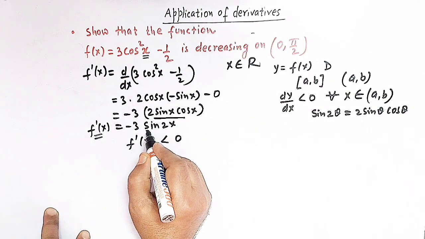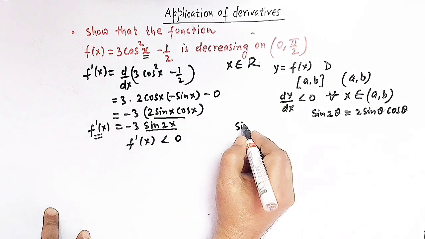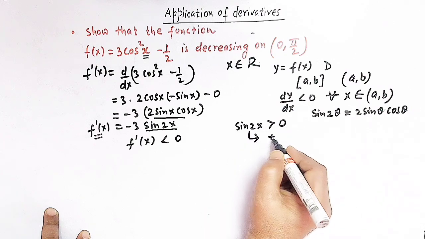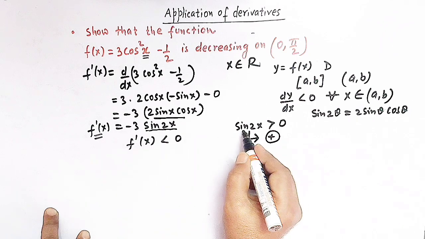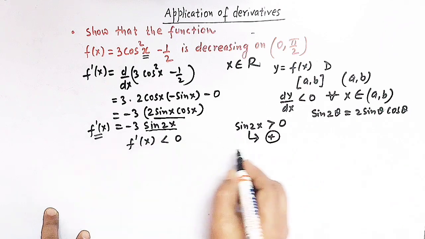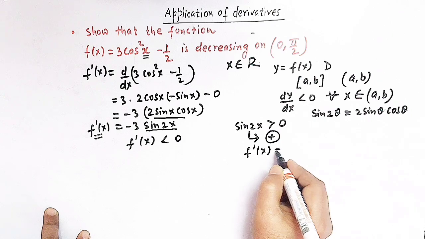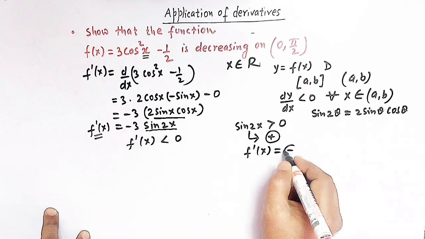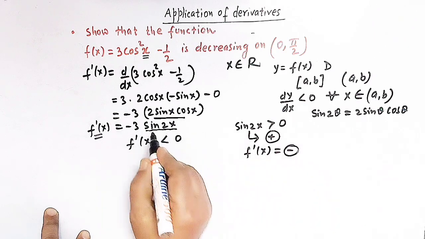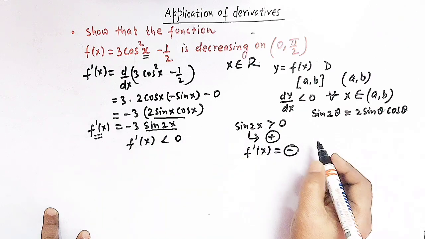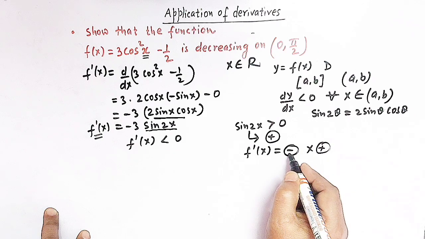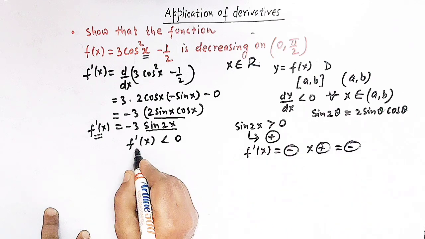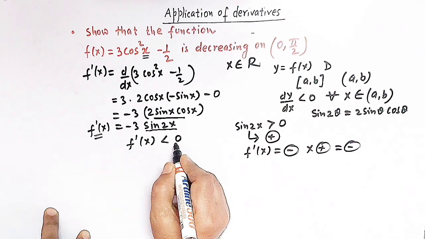It implies that sine 2x must be greater than 0, or positive, because when sine 2x is positive, the product of negative and positive is negative. In that case only f prime of x is less than 0.